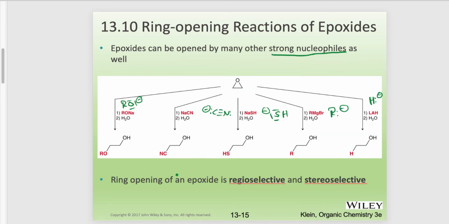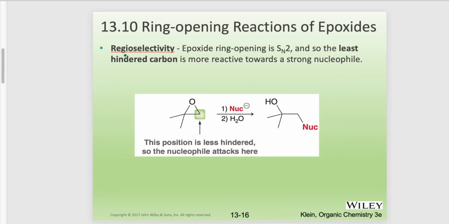Okay. On this slide, actually I should say here there was a line, ring opening of epoxide is regioselective and stereoselective. We don't see it with this simple ethylene oxide, but when we have different substrates, different epoxides or oxiranes, we need to pay attention to detail. What is that? So regioselectivity means that when we open up the ring, remember how the mechanism is actually akin to an SN2 reaction, which is studied in Orgo 1.